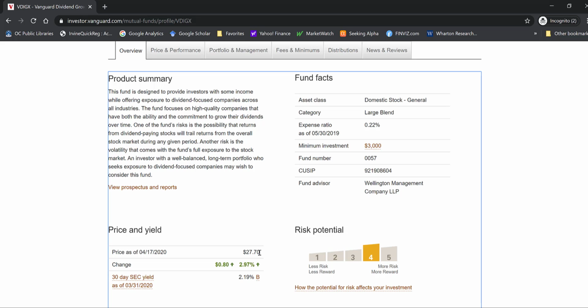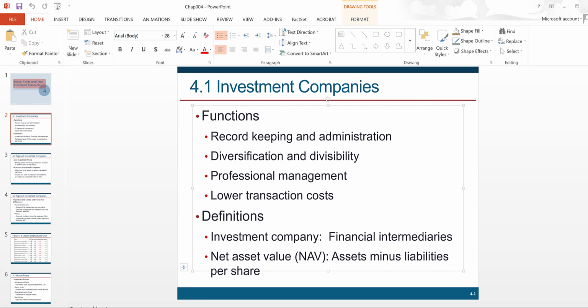If you place your order after 4 p.m. Eastern time, then your order would be filled at the following day's NAV after the market is closed and the NAV is computed. So you always get the next NAV when you place your order to purchase shares of a mutual fund. All right, so that is important to remember in terms of how mutual funds work.